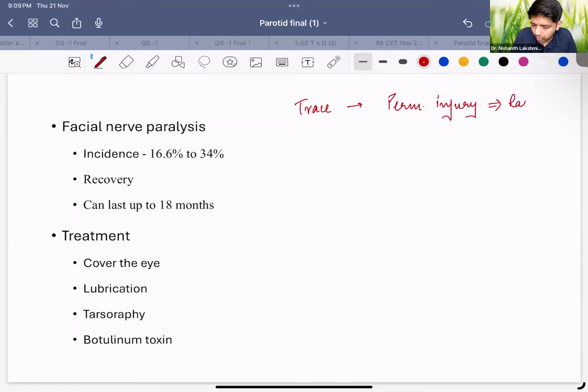Whenever we talk about facial nerve paresis, it is usually because of stretching or neuropraxia, also called partial or temporary facial nerve paresis or paralysis. The incidence varies between 16% and 34%.